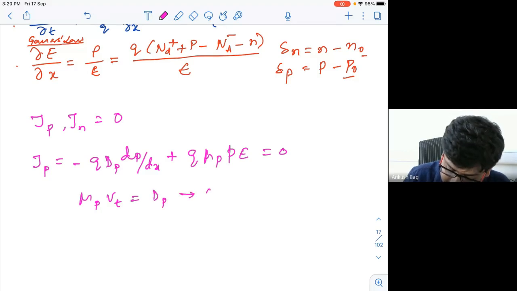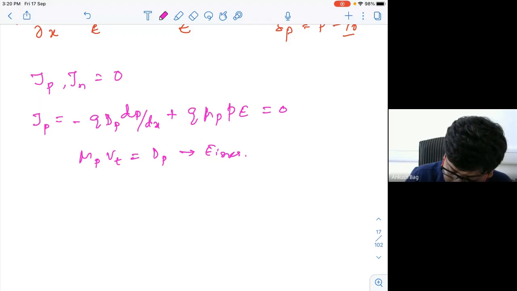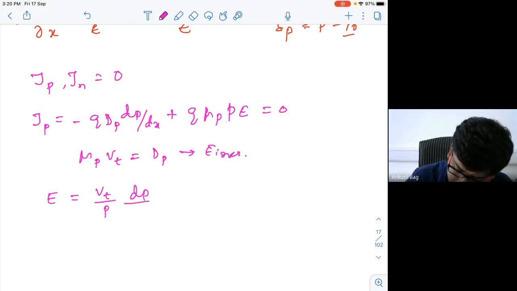So this is Einstein's relationship, which we derived in the previous module. Now if we put this value in the first equation, we get the electric field in terms of thermal voltage divided by p, times dp/dx.